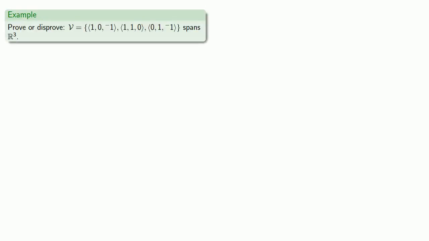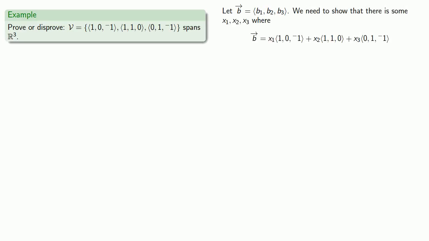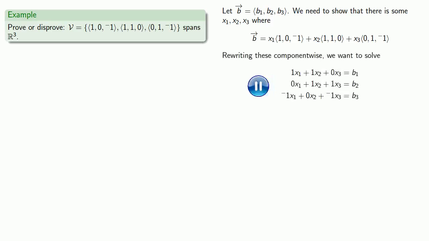Let's see if we can prove or disprove that a given set of vectors spans a particular vector space. How about R3? So suppose I have some vector B with components b1, b2, and b3. If possible, I'd like to express my vector B as a linear combination of the vectors in V. And this gives us a system of equations.